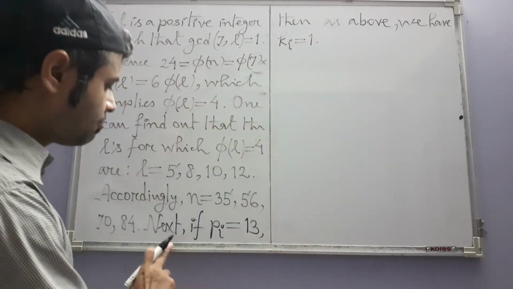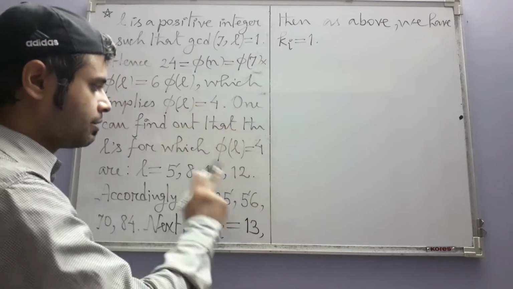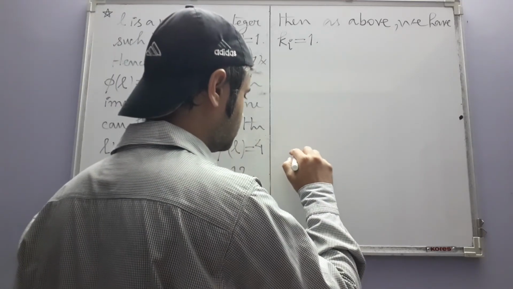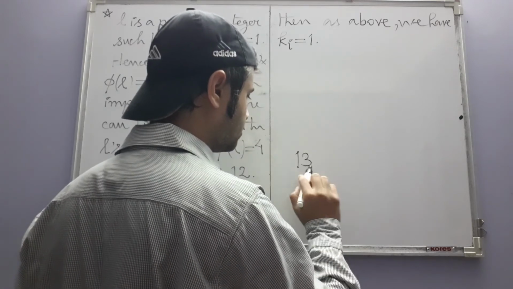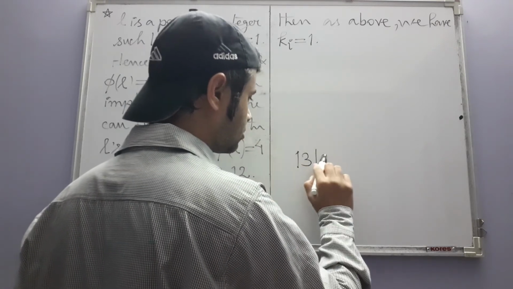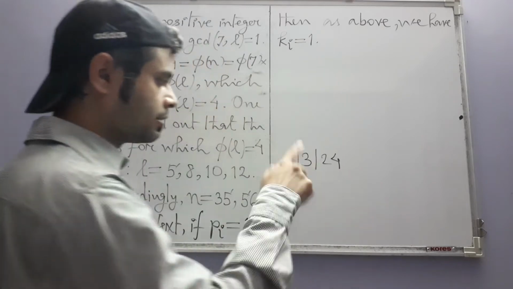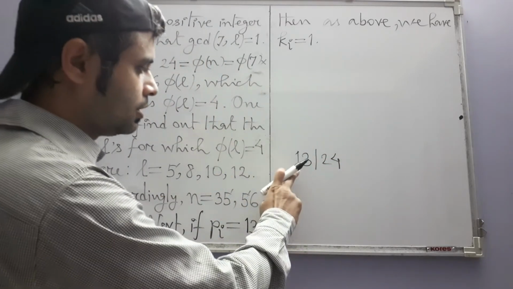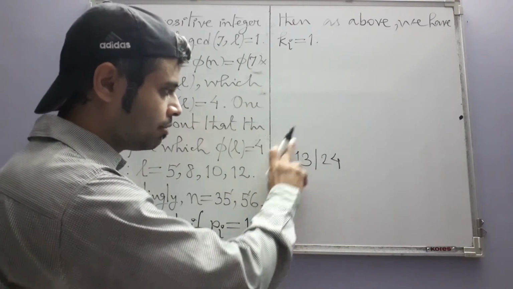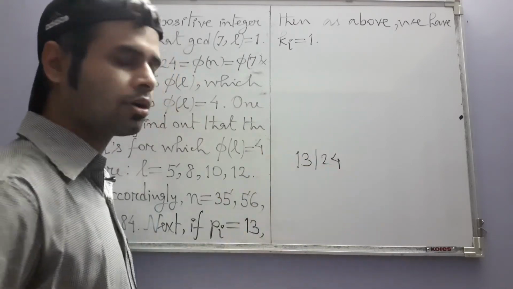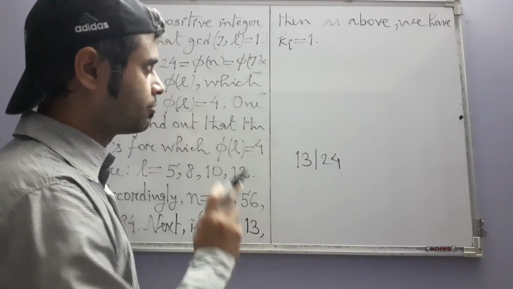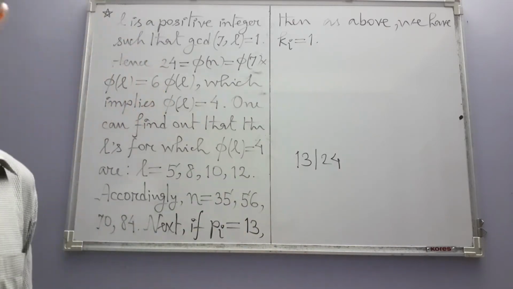So that means if one argues just like the case pi equal to 7, one will get this now. 13 should divide 24. Just like there we got the wrong conclusion that 7 divides 24. So here arguing similarly will lead us to this, which is wrong. So that means here also ki cannot be greater than or equal to 2. It has to be equal to 1.